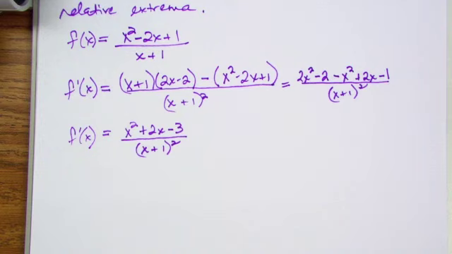Okay, let's try negative 2. If I plug negative 2 in right here, I get 4 minus 4 minus 3. So that's a negative over a positive. So this is decreasing.